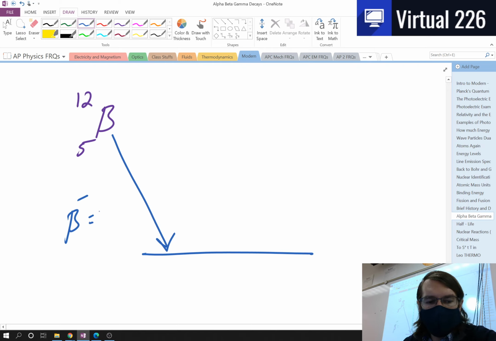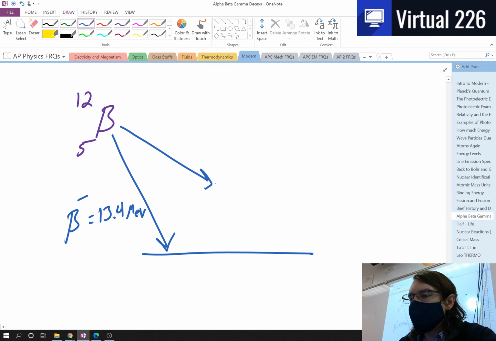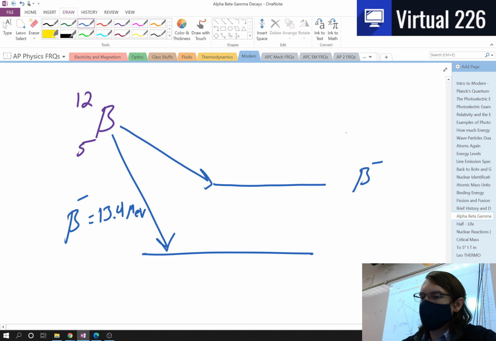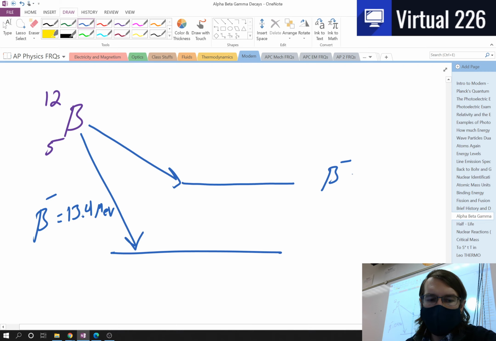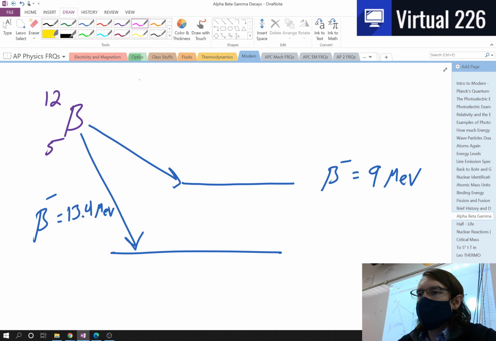Doing so is 13.4 mega electron volts. However, what it can also do is take a beta minus to here. This might only cost it 9 mega electron volts. But it still needs to get down.